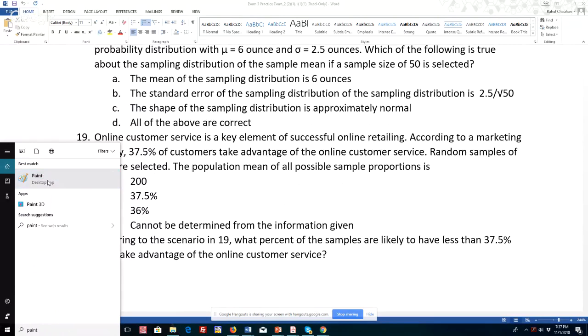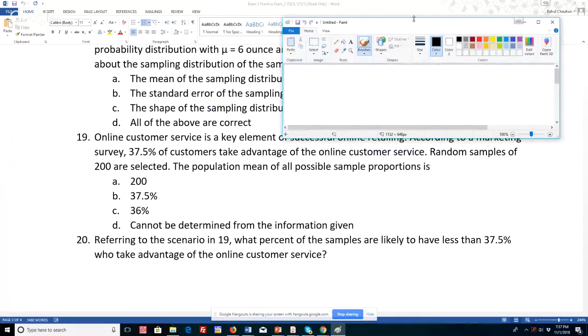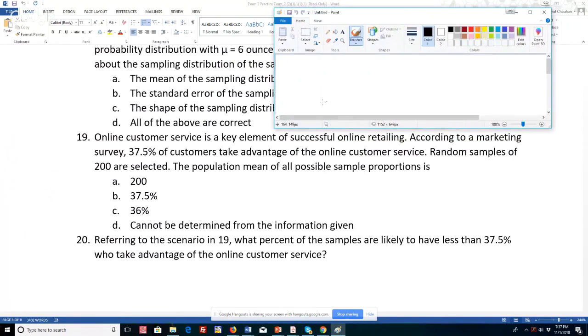So if we know that this is our sampling distribution, where the mean of our sampling distribution is 37.5, what percent of samples are likely to have less than 37.5?